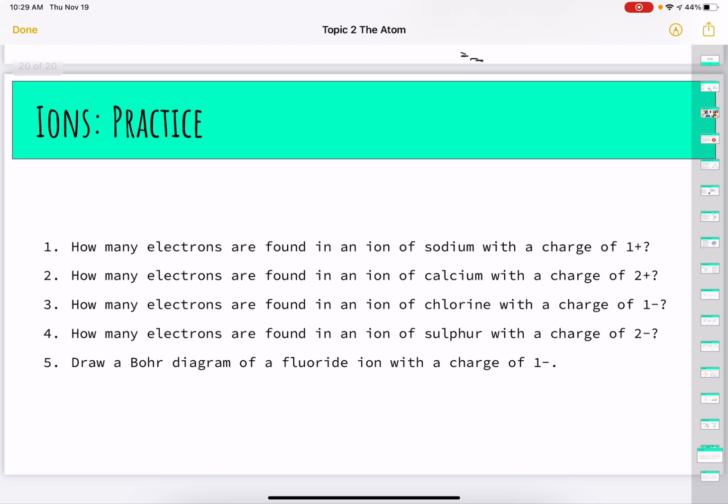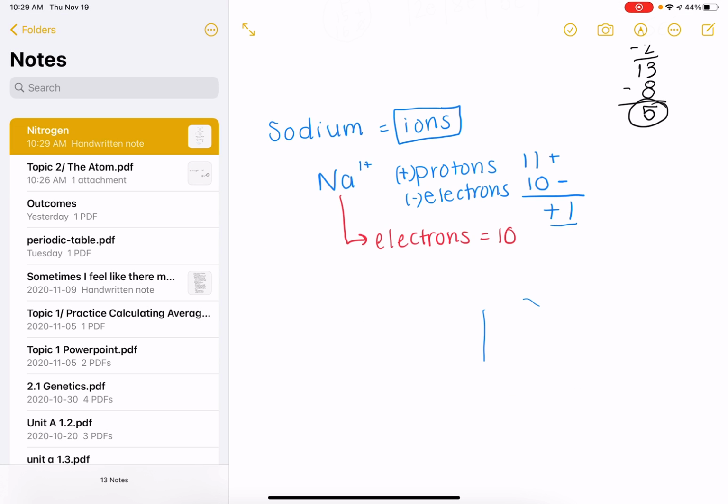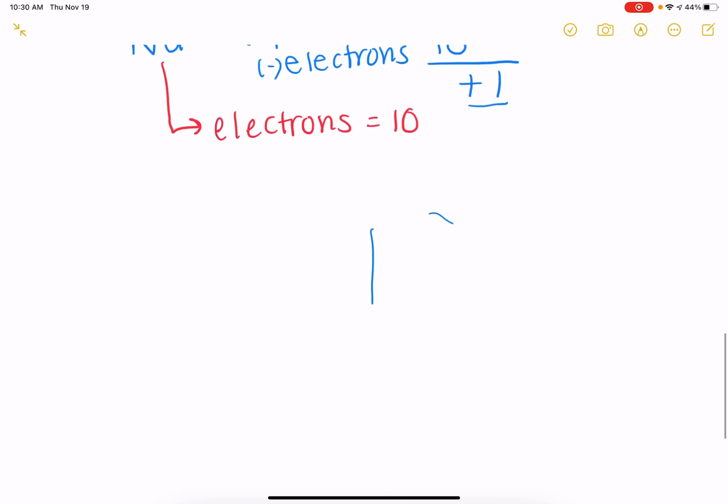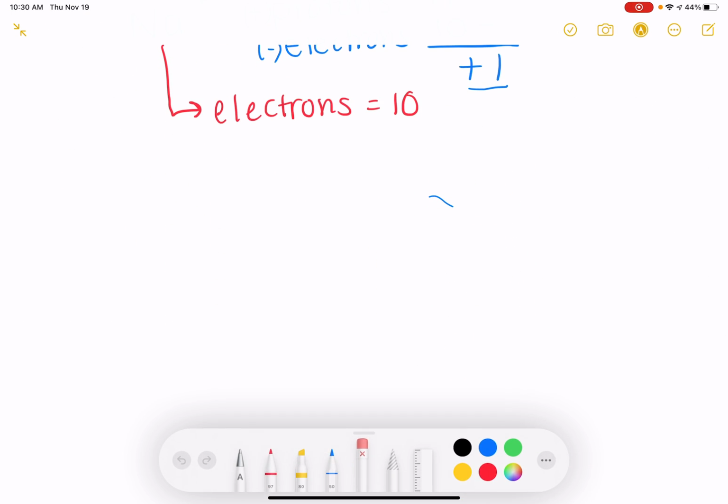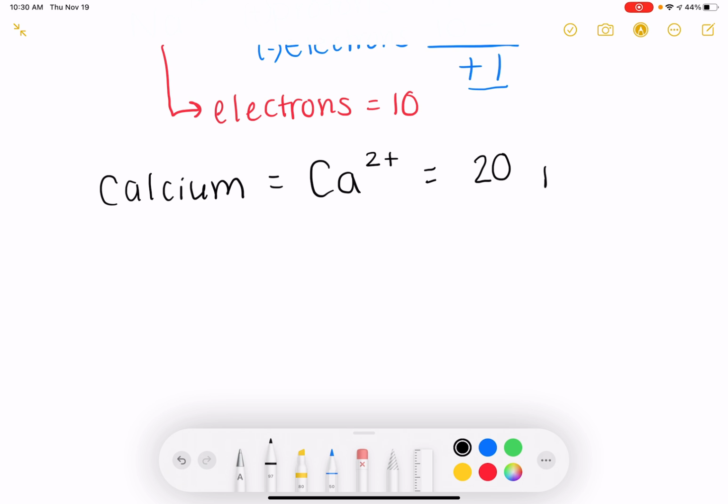The next one's asking us calcium. So let's go down here and let's try calcium. Calcium is Ca on the periodic table, and it's in the row that's a 2+. Calcium, if we look it up on the periodic table, it's number 20. So that means it has 20 protons. Remember, protons are positive.